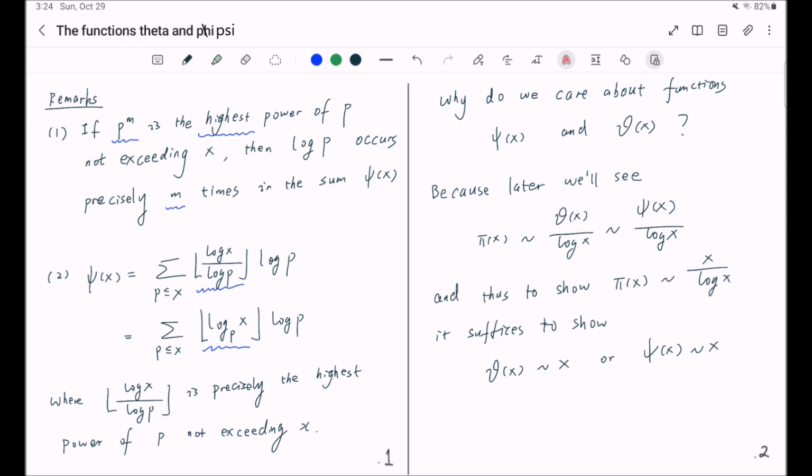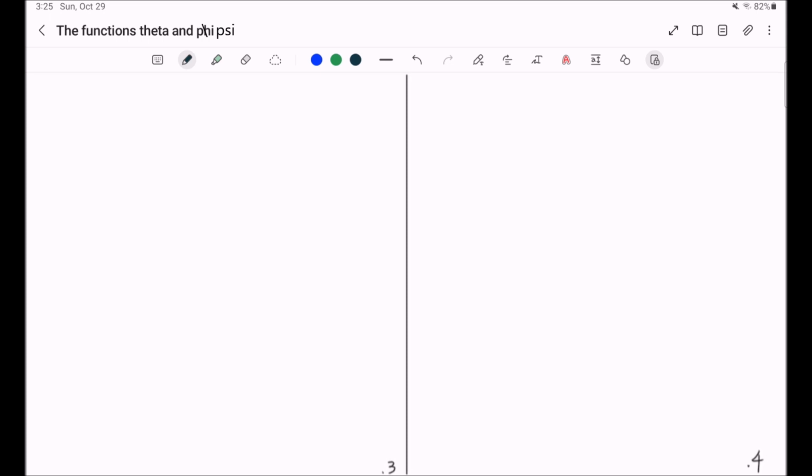And let me make a heuristic comparison. Just comparing pi of x, which is by definition the number of primes less than or equal to x, and theta of x, which by definition is the sum of log of p over primes p less than or equal to x.